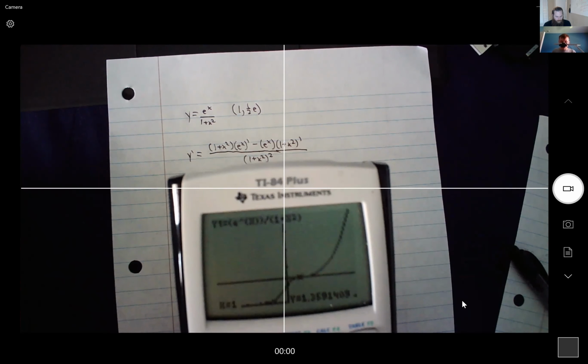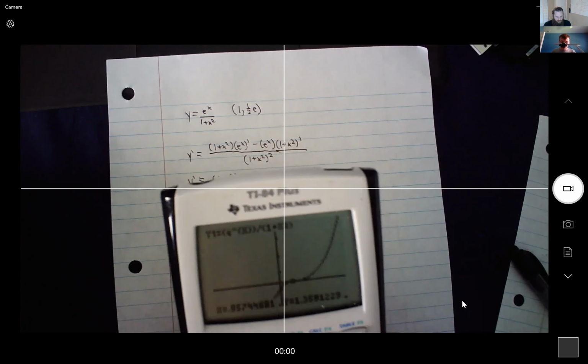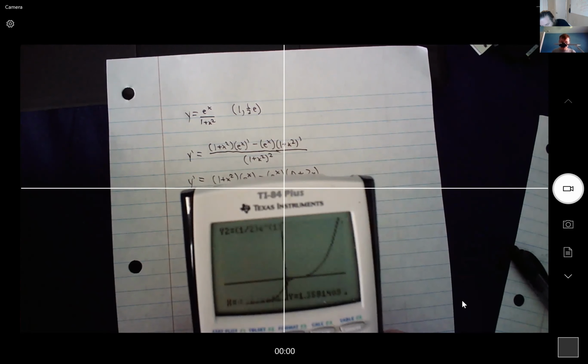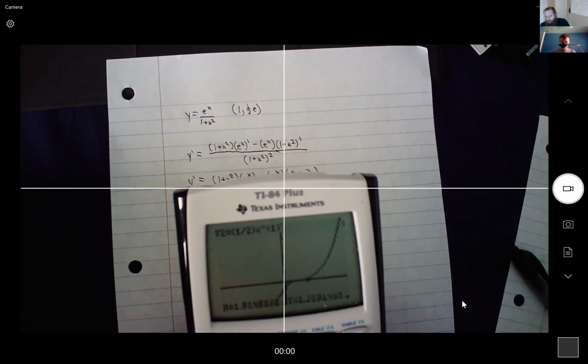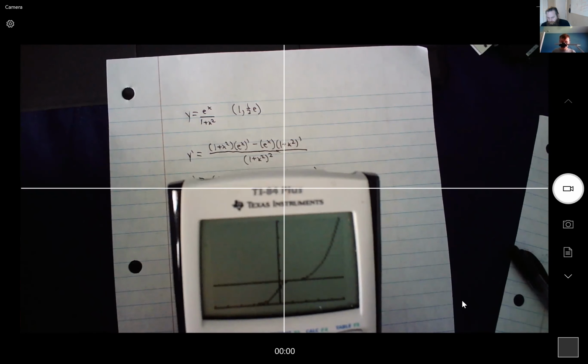that number is equal to 1/2 e to the 1. Then when we go to our slope function, our tangent line, the slope of that line is 0, and it has the same value throughout it. So I'll show you.